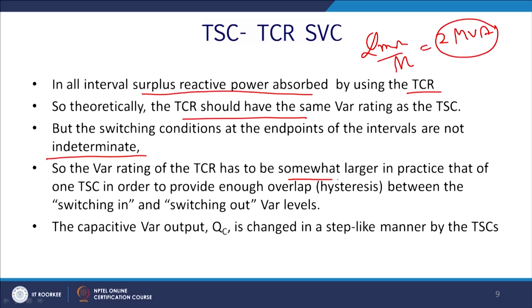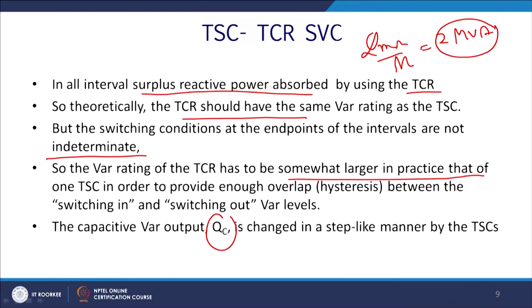It has to be somewhat larger in practice than that of the TSC in order to provide enough overlap, because you require a hysteresis band, otherwise you will unnecessarily switch these devices. For this reason there is an overlap or hysteresis band between switched-in and switched-out VAR levels. So, you will decide the window of hysteresis, whether it is 0.1 MVAR or 0.2 MVAR, and based on that we have to provide this.